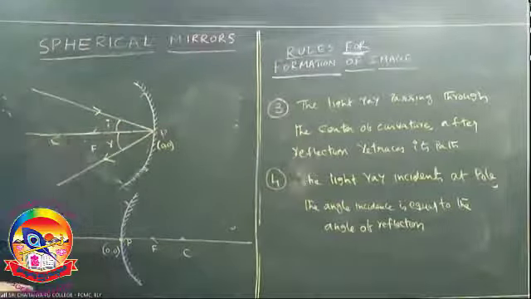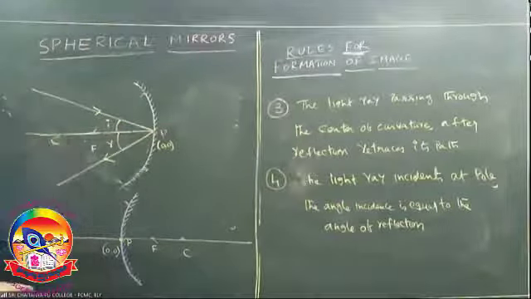First, the ray diagram. Derivation part is simple geometry, mathematics. First we have to draw the normal. Without normal, no reflection, no refraction concept. What is normal?